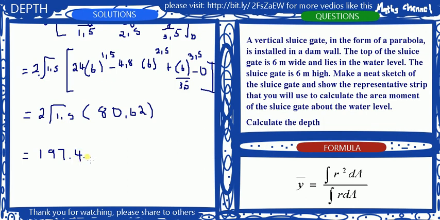So when you multiply, you have 197.48, 197.48. So it will be unit cube.